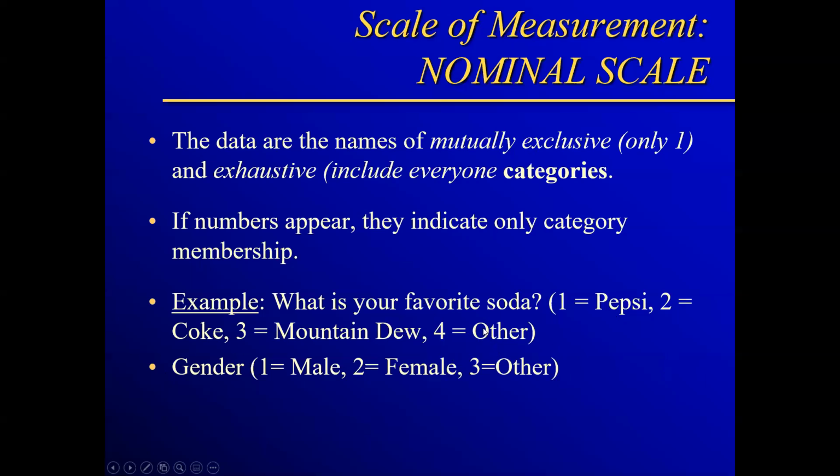If we got rid of that 4, other, what if your favorite soda was Dr. Pepper? You wouldn't be able to choose between Pepsi, Coke, or Mountain Dew. You could choose which one you like more, but that's not the question. It's what's your favorite soda. So once again, a participant can only choose one, and an option has to be available for every participant.